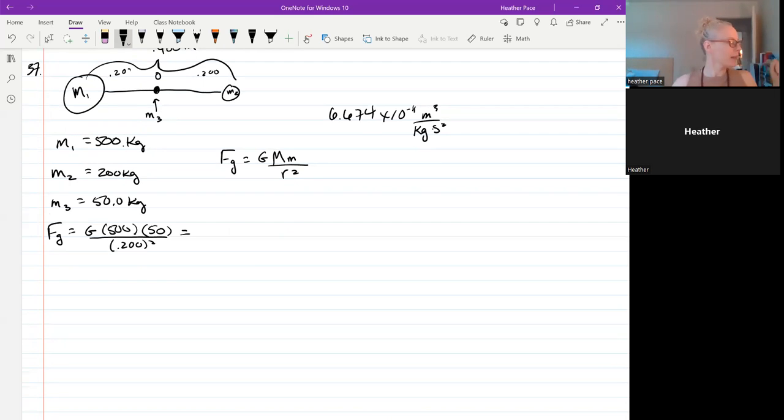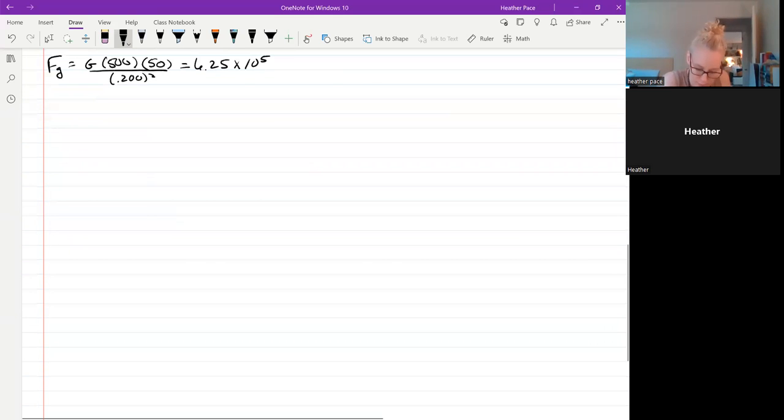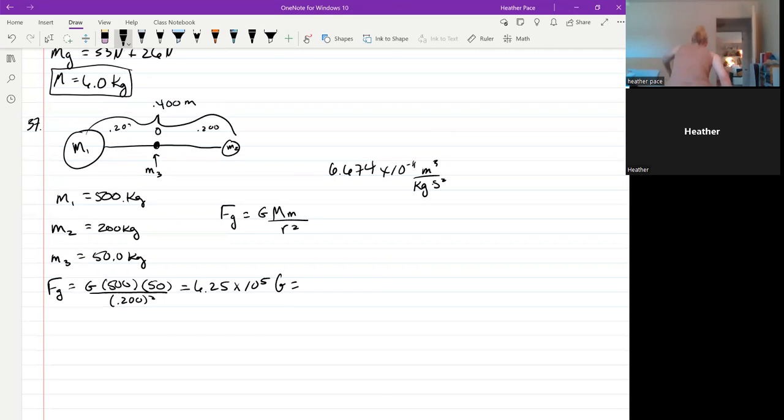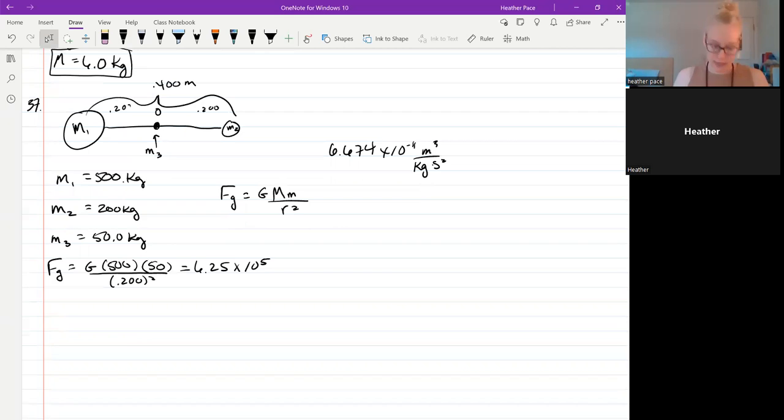And if we get our calculator and we put in all of our values, we end up with 6.25 times 10 to the 5 G. Oh, you know what? I actually waited until the end to put G in, so we will not use G yet. All right, so now let's find the force between M3 and M2.